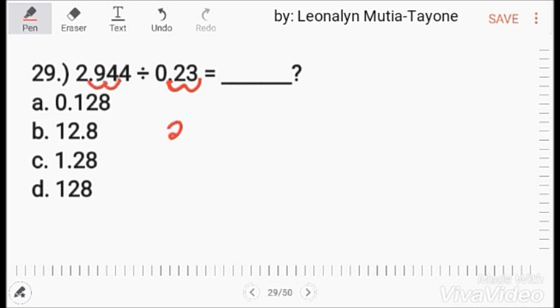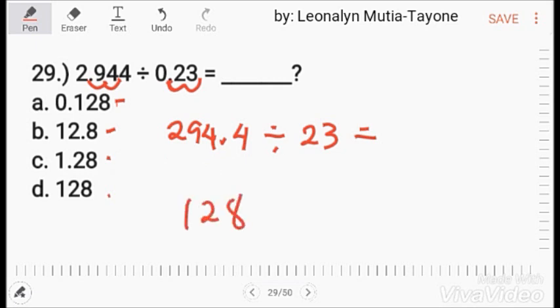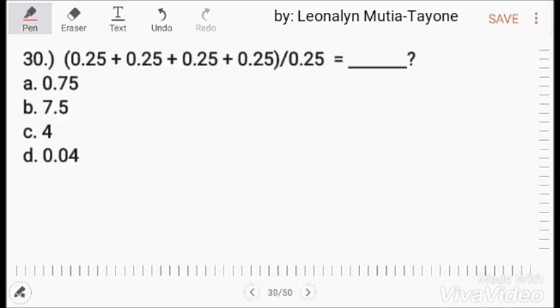So, bali, 294.4 divided by 23. Pareho lang yan. Pareho lang ang answer dyan. Since ang mga choices naman dito ay pareho lang na 1, 2, 8, ang i-count na lang natin ang yung decimal. Isang place lang siya. So, bali, isang place lang din. So, the answer must be 12.8.